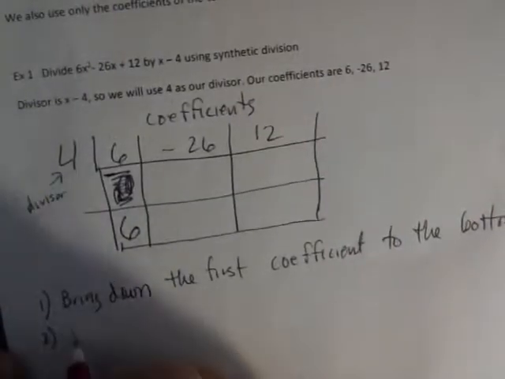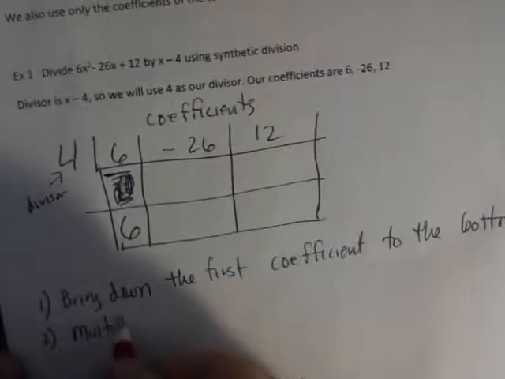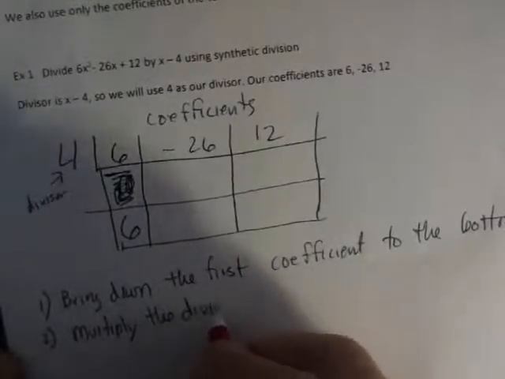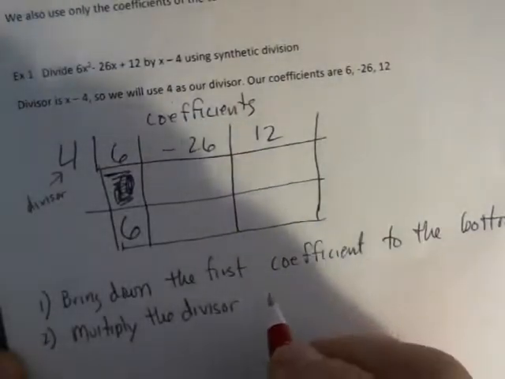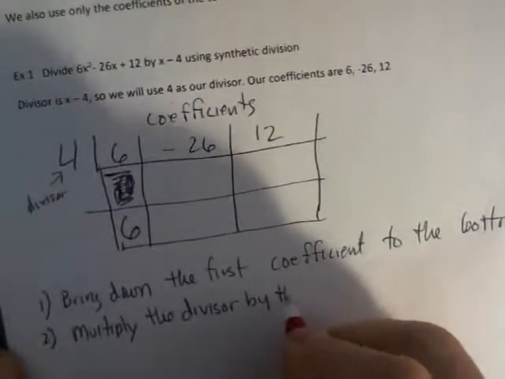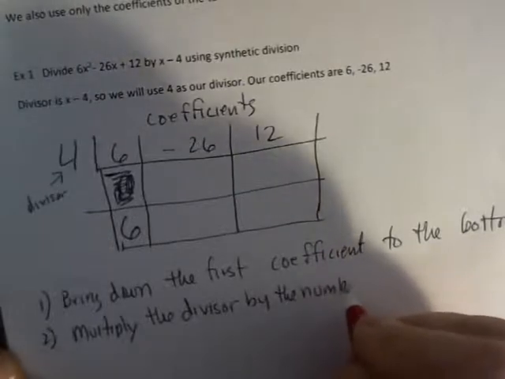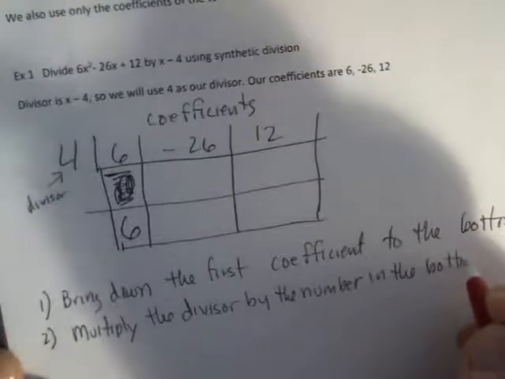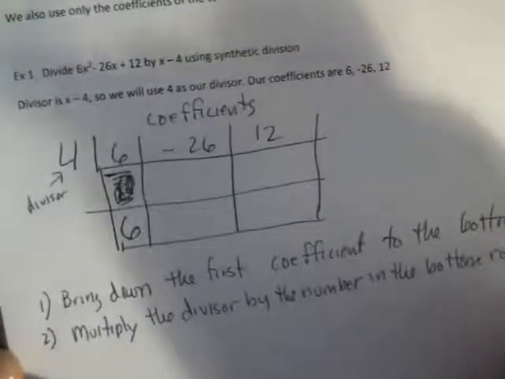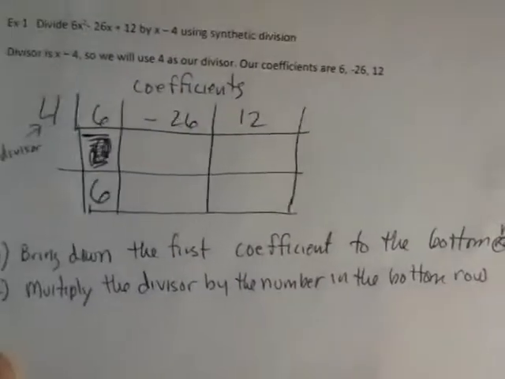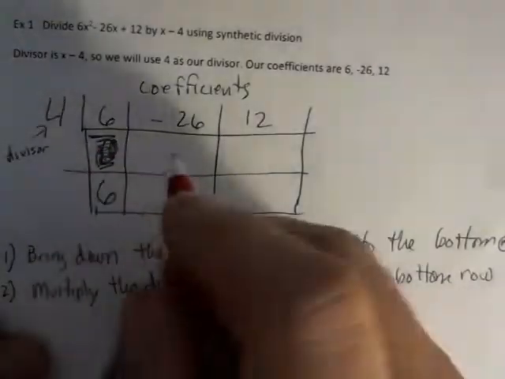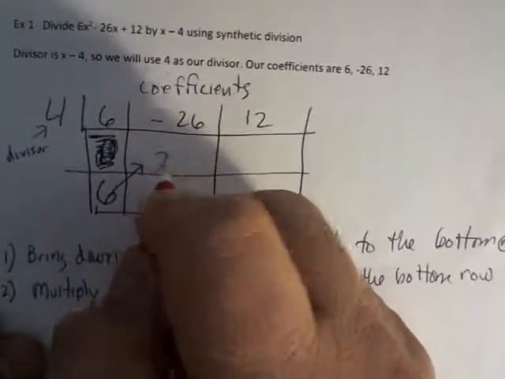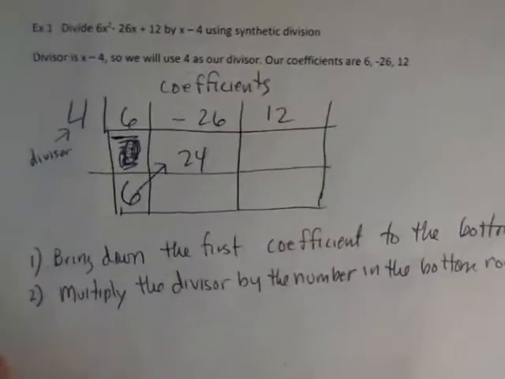Step 2, multiply the divisor by the number in the bottom row. So I take 6 times 4, and I get 24.